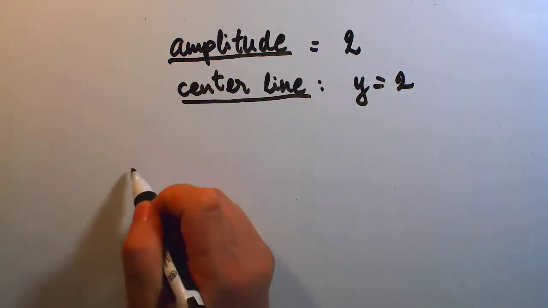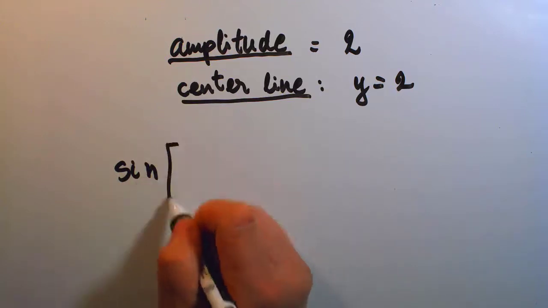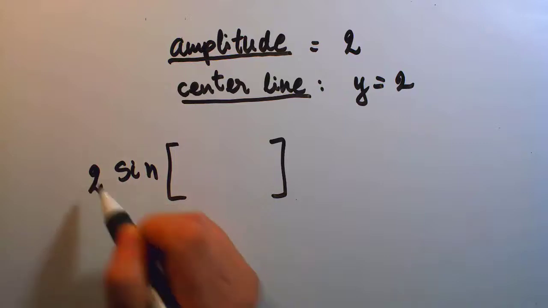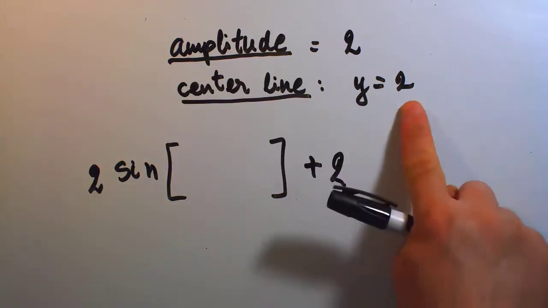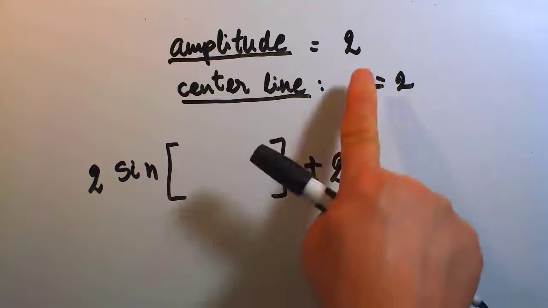And if we decide to write this function as a sine function, then it needs to have the coefficient 2 in front and plus 2, according to that center line being found at y equals 2, with the amplitude being 2.